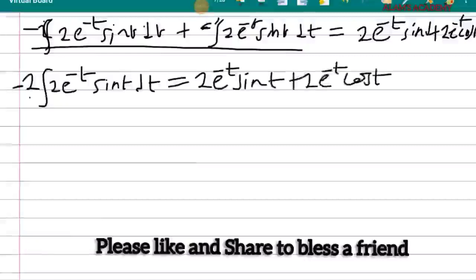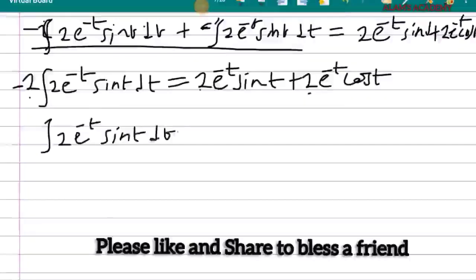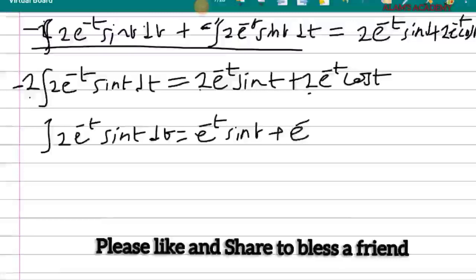Now you can see the 2 is common in all of them, so I divide through by the 2. Dividing through by 2, I have the integral of e^(-t) sine of t dt equal to e^t sine t plus e^(-t) cos t. This is what we were trying to integrate and differentiate.